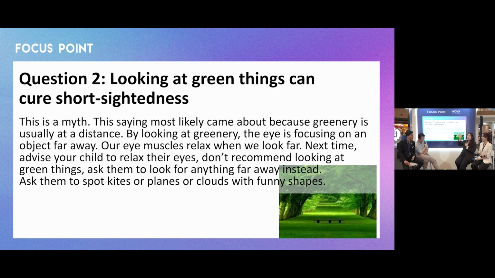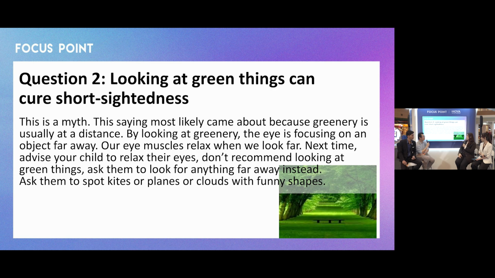Hey, have a look at the clouds here. Do you see a bunny over there? Or do you see a cloud that looks like a rocket? Yeah, that will also increase their interest to interact with you, and at the same time achieve the concept where we need them to relax their eye muscle by looking at something far away.